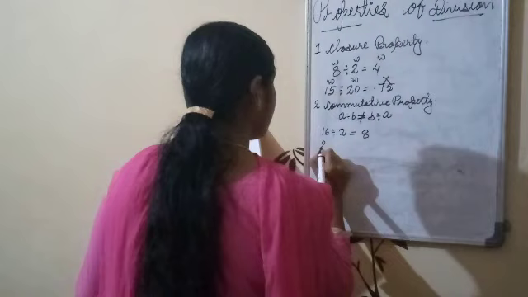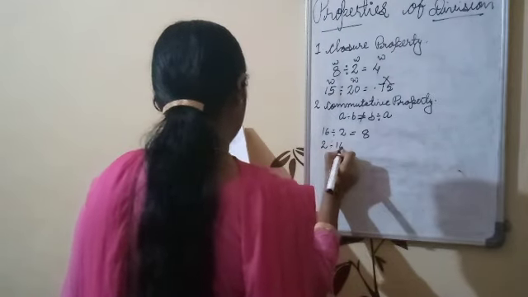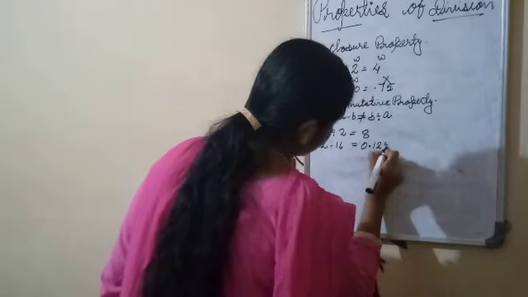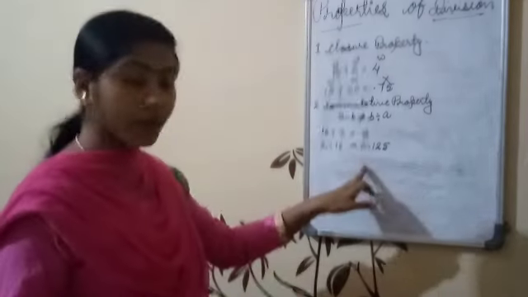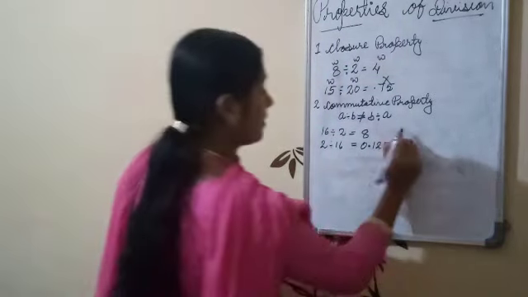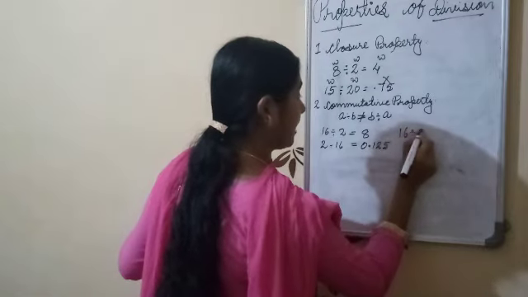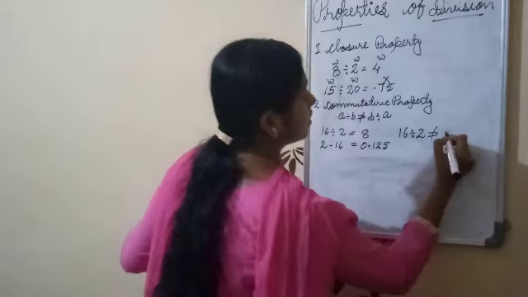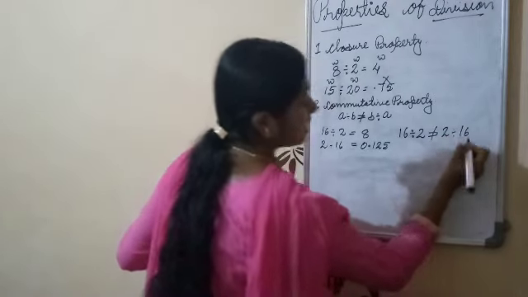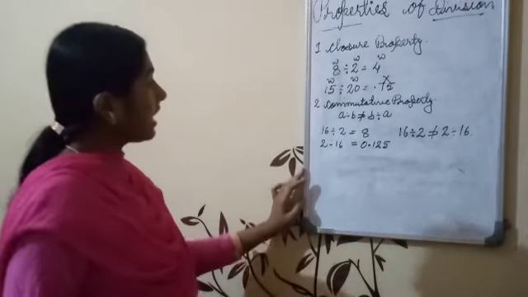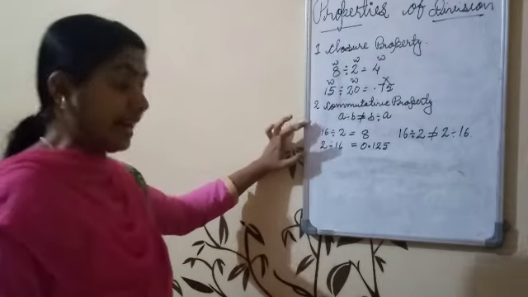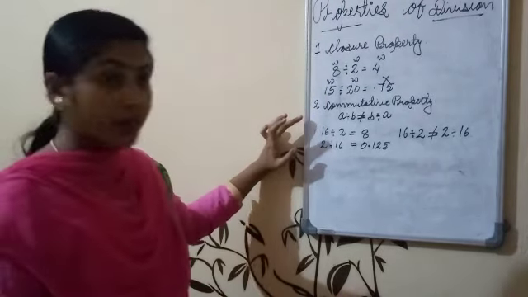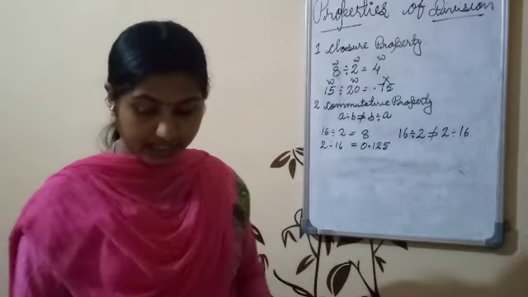Then 2 divided by 16 is 0.125. Is it equal? No. So 16 divided by 2 is not equal to 2 divided by 16. Commutative property: A divided by B is not equal to B divided by A.